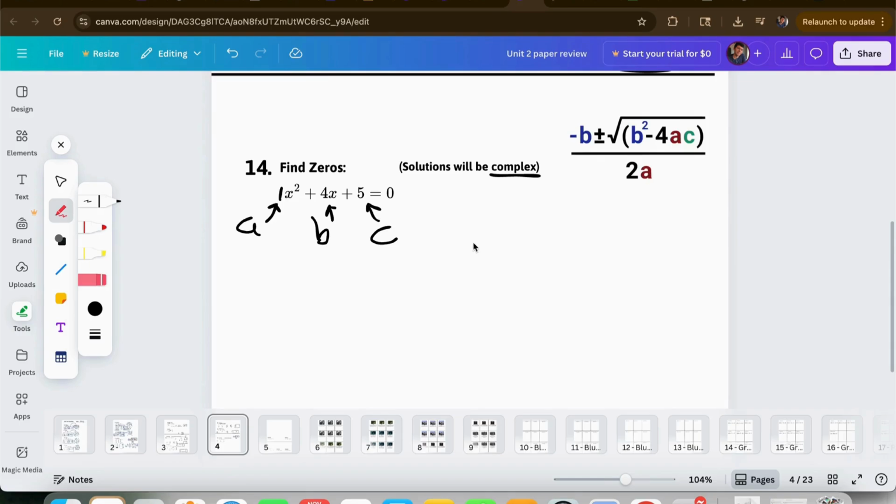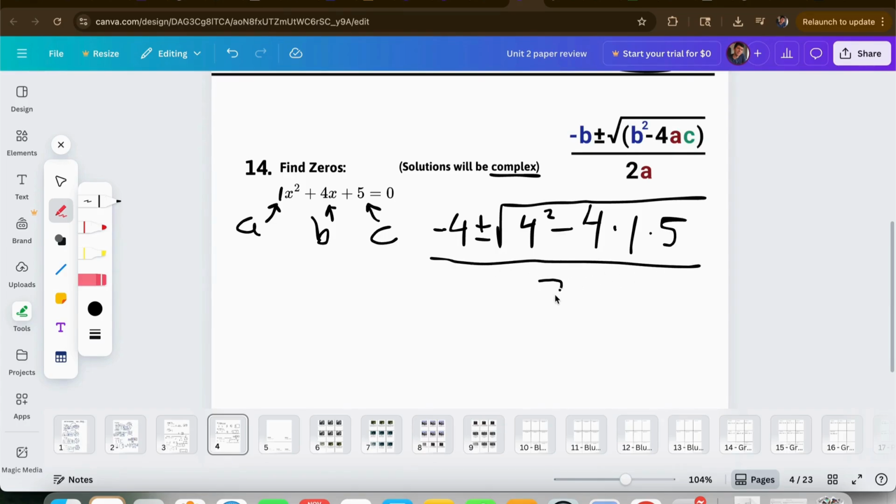Plugging into this formula, let's write this down as -4 plus or minus the square root of 4 squared minus 4, that's the 4 from the formula, times 1, that's the A, times 5. And the whole thing is over 2 times 1.